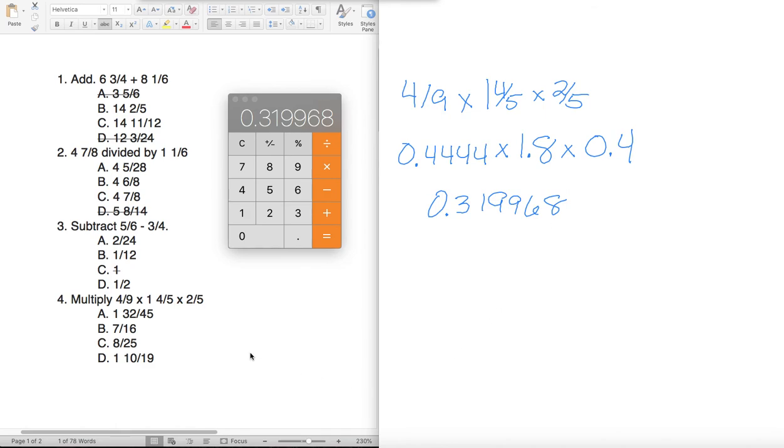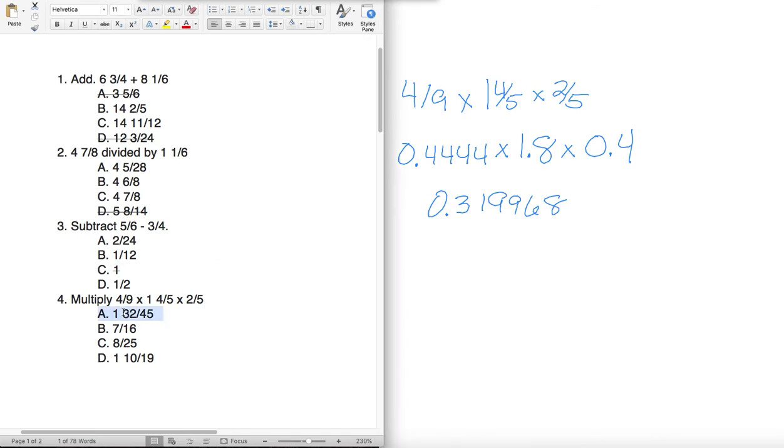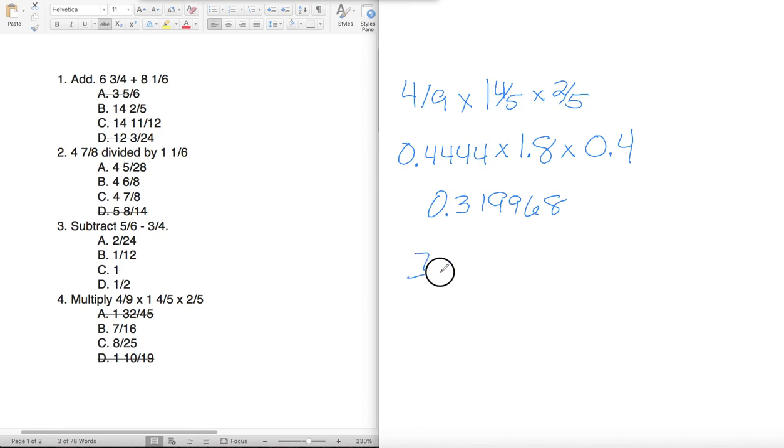Okay, so now we've got something with a 1 in front of it, and our number has a 0 at the beginning. So we know we can get rid of A, and we know we can get rid of D. So now we're down to either 7/16 or 8/25.